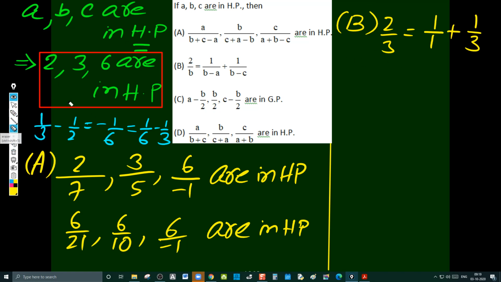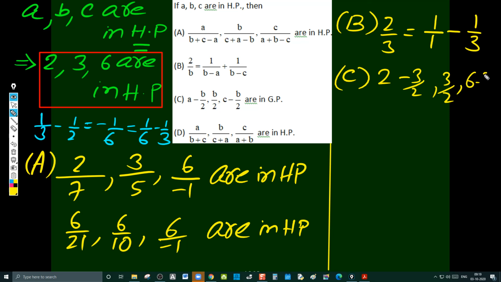And coming to C, A minus B by 2, please. That is 2 minus 3 by 2, comma, B by 2, 3 by 2, comma, C minus B by 2, 6 minus 3 by 2.